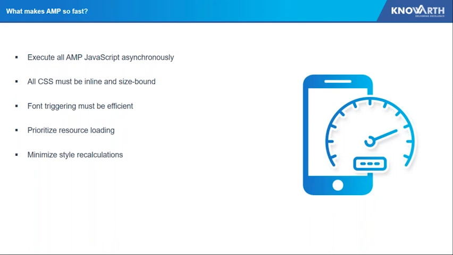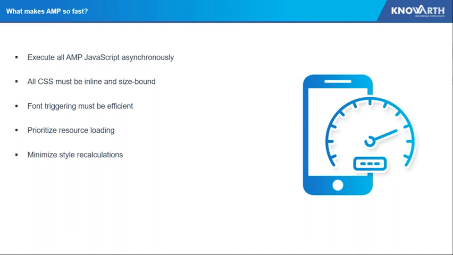Moving ahead. So what makes AMP so fast? There are several aspects. It executes all JavaScript asynchronously. When a JavaScript is declared as asynchronous, it tells the browser that execution of this JavaScript is not important to the page render process, so the browser understands that it does not need to wait for all the JavaScript to load before building the actual page.